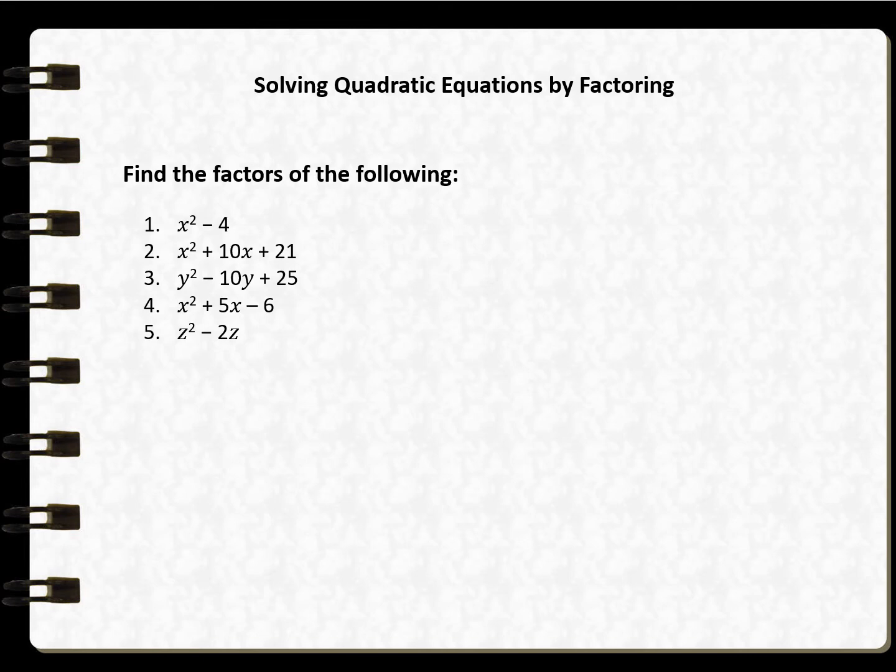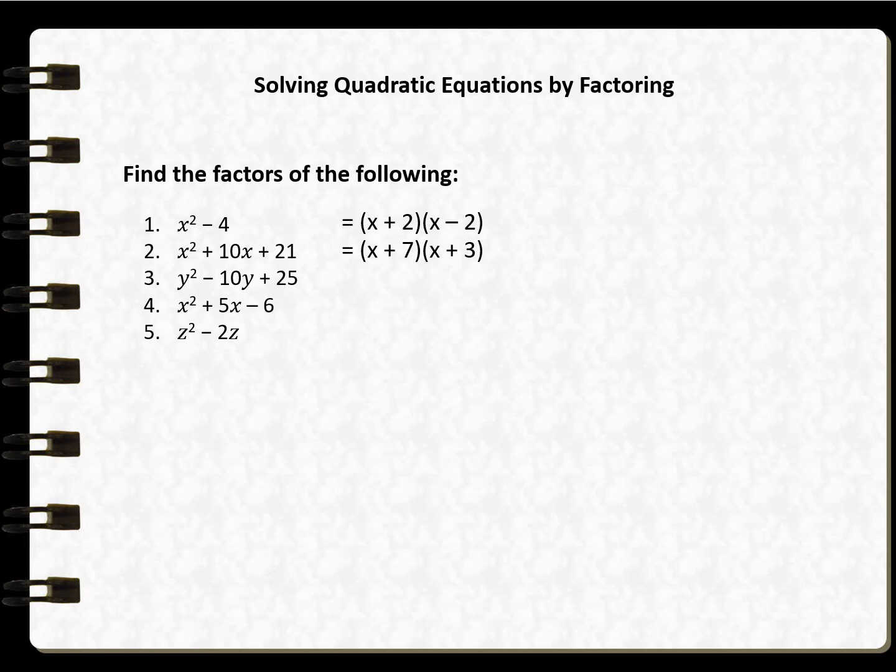So in number 1, x squared minus 4, we can factor this as x plus 2 times x minus 1. And then number 2, if we are going to factor this, the result will be x plus 7 times the quantity x plus 3.